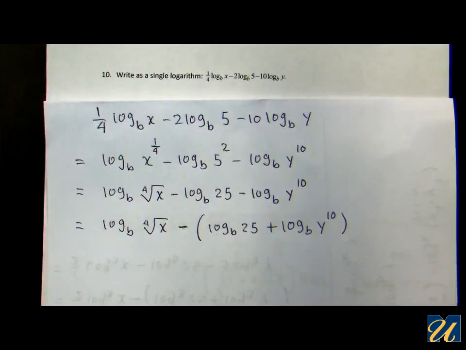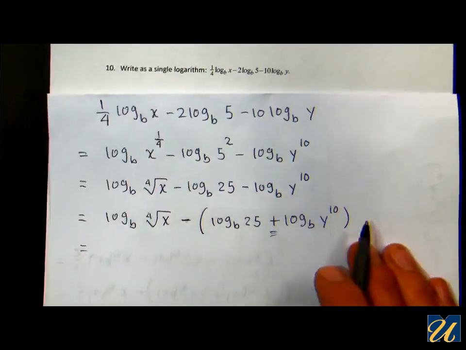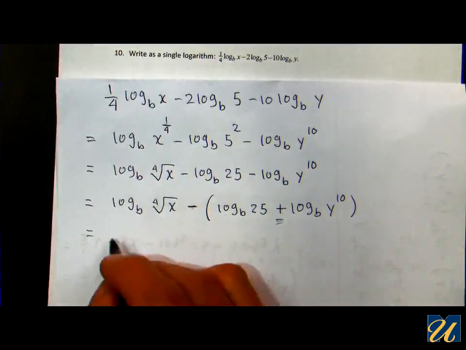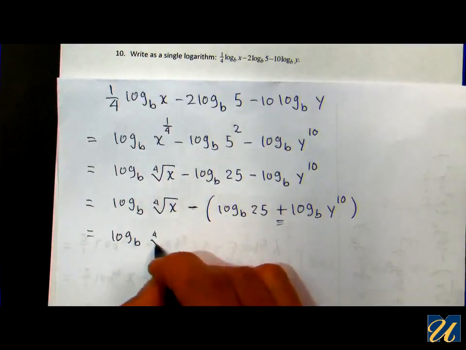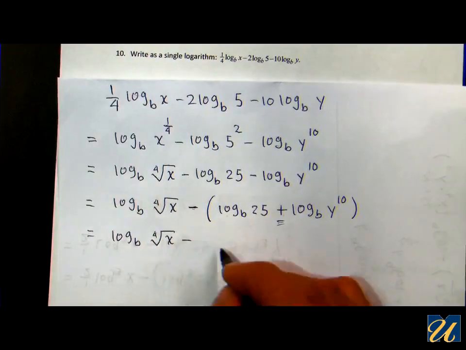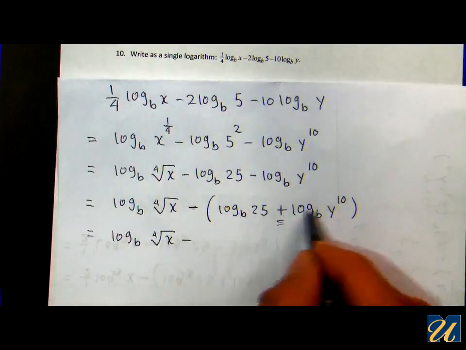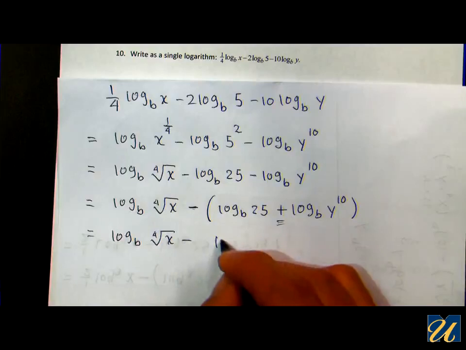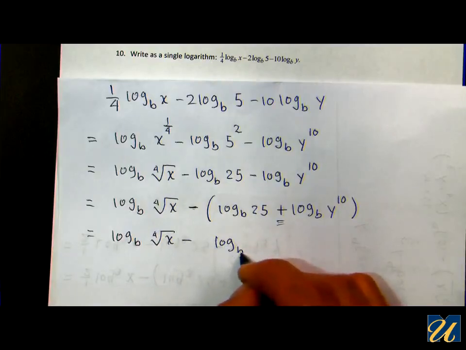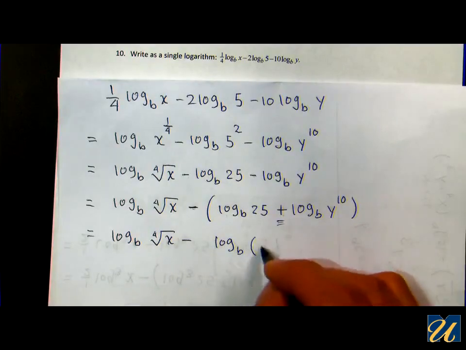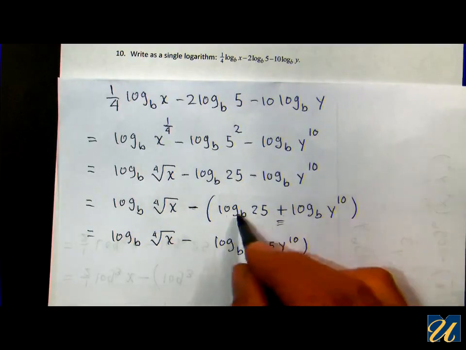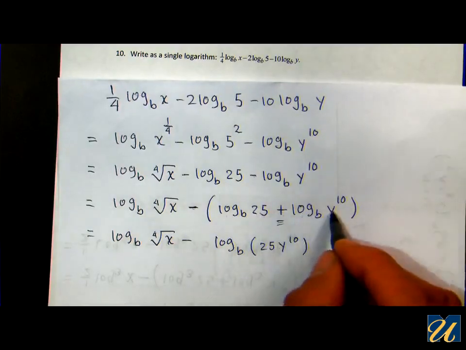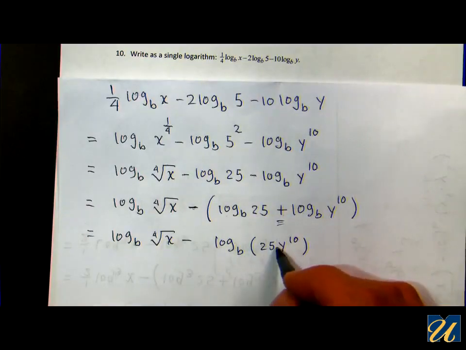Now that you've done that, we have a sum right there. So we can write that as the log of the product. So this is log base b of the 4th root of x, minus, this condenses to one single expression, log base b of 25y to the power 10. Log of m plus log of n is log of m times n.